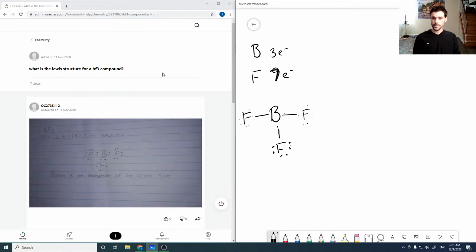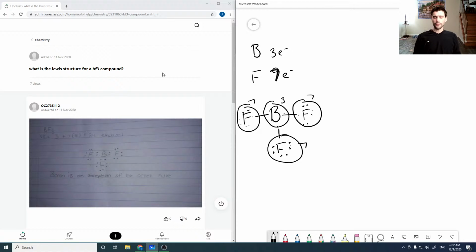I got so many dots now. And we see that we have 7 here, 7 here, 7 here, 3 here, so everyone's neutral. We have a full octet around each of the fluorines, but we don't have a full octet around boron.